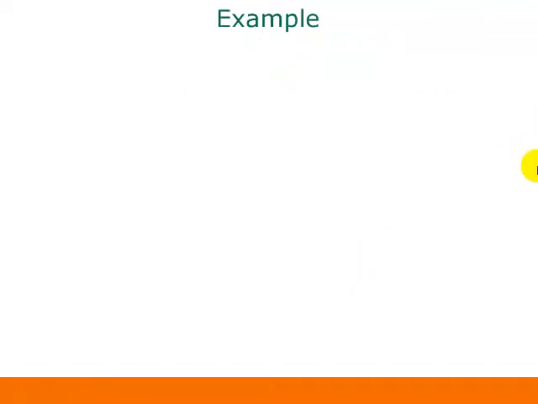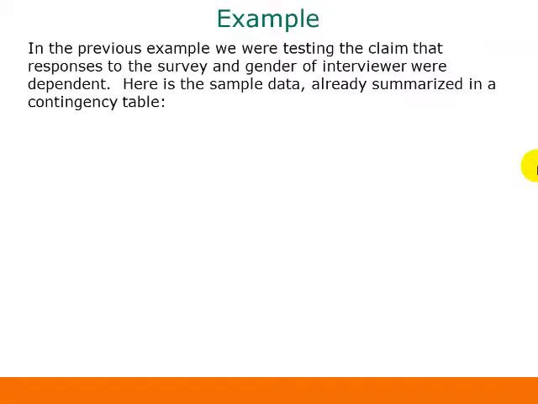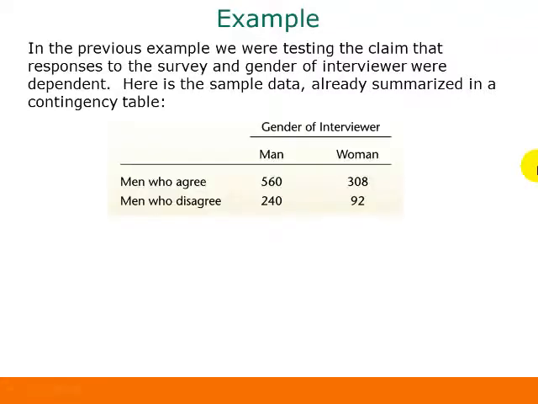Now let's go back to our example about the responses to the survey question and the gender of the interviewer. Here's sample data that's already summarized in a contingency table. So we have the gender of the interviewer, either man or woman, and this is about the men who were surveyed, the ones who responded that they agree with the question, and those who disagreed.